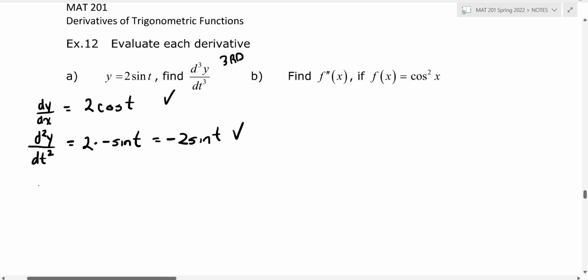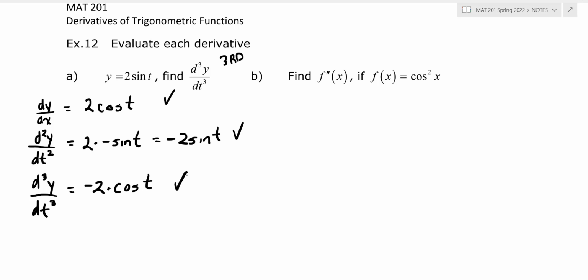Then we can move on to the third derivative, d3y over dt3. We have negative 2 as a constant. The derivative of sine is cosine t, so we get negative 2 cosine t. What you're going to find is that there are patterns.